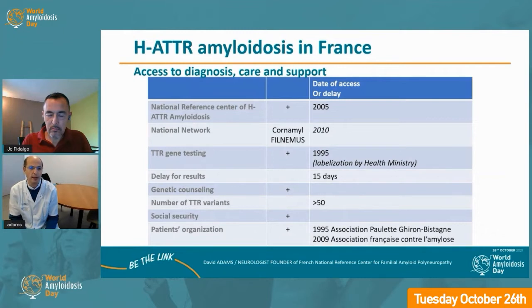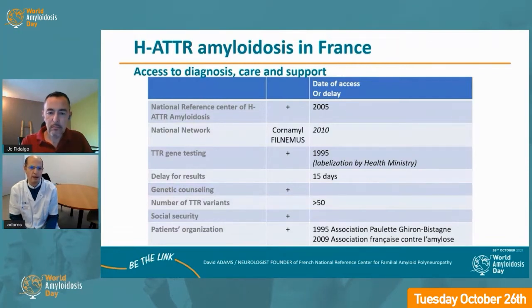It was very complicated at the beginning to make a quick diagnosis, maybe sometimes 3, 4, 5 years, but actually we can do it very easily and quickly with blood samples when you suspect a case, and within 2 weeks we can have the results and say, yes, you have a mutation of the TTR gene in this disease.